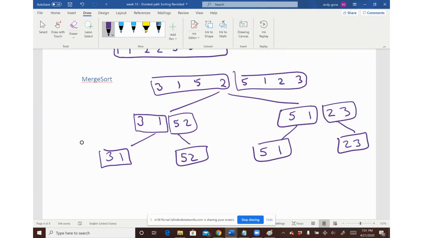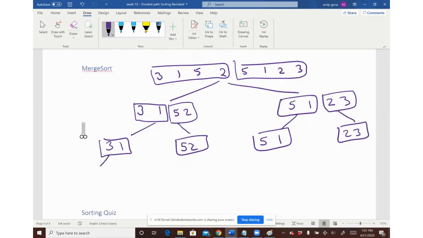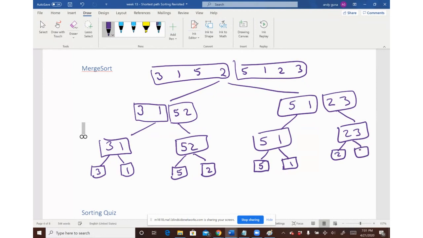All right, and then we're going to divide this into arrays of size 1. Okay, so hopefully you remember all these things from 111 from last semester, maybe.